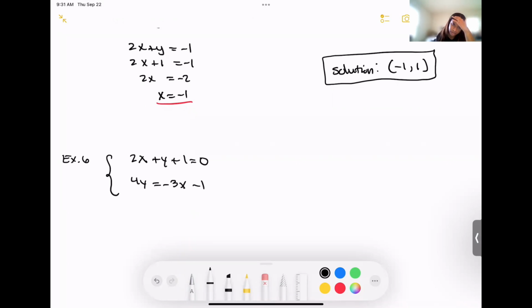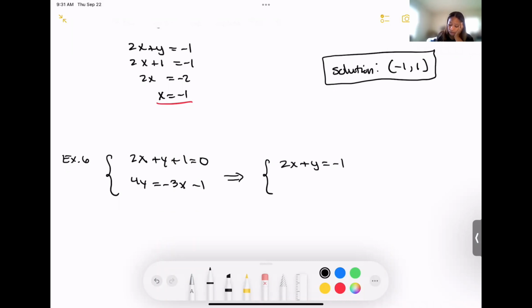First, you should notice right off the top that this system does not have both equations in standard form. So we need to put these in standard form. In the standard form, for the first one, if we move the constant to the other side, we have 2x plus y equals -1.